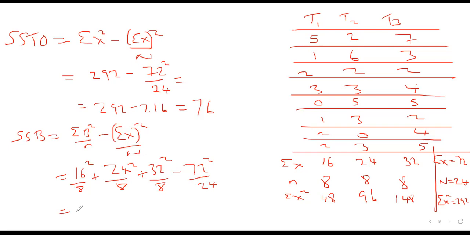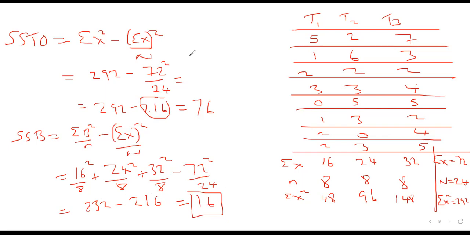The shortcut: if the denominator is the same, 16 squared plus 24 squared plus 32 squared, we divide by 8. So this is 232 minus 216, since this is the same correction term that we have there. So here we're going to get 16.